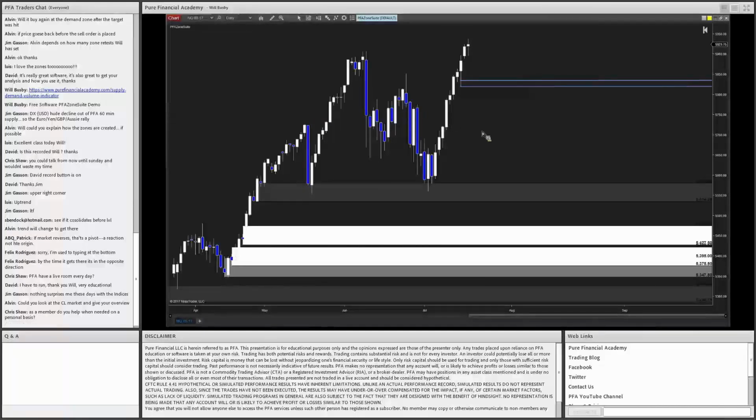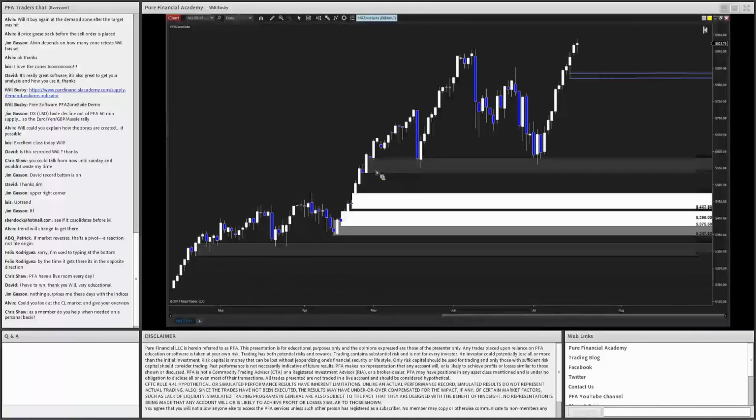Sure, absolutely. So what we're doing is looking at price formations, okay? We're looking at extensive rallies or declines away. All of that has to do with price recognition, and the zones take all of that into account. It factors in the distance. It factors in how long the zones took to form.